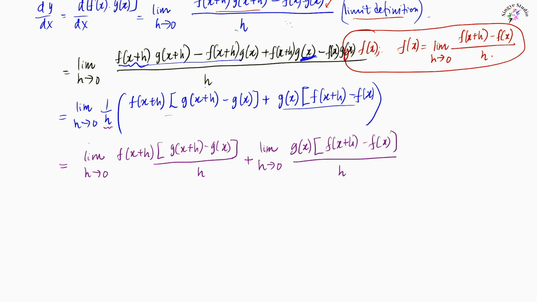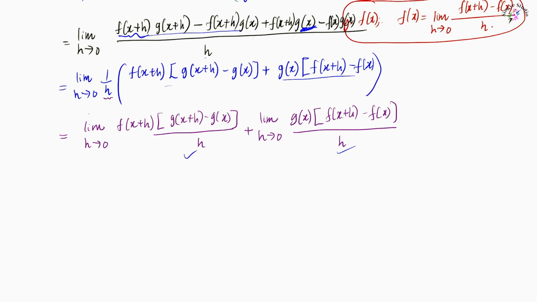Now if you observe these functions very carefully, we can distribute this limit to this one as well as this, because this function also depends on the limit since it has the h term. As we know, when h approaches to 0, f of x plus h approaches to f of x.